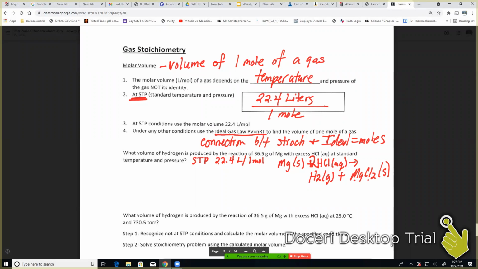So I only have one gas in there directly, hydrogen. That's the only one that could go straight into something like the ideal gas law. So what I do have is my given, which is 36.5 grams of magnesium.